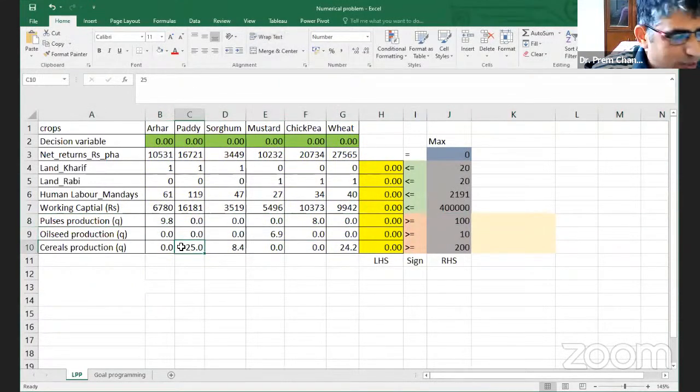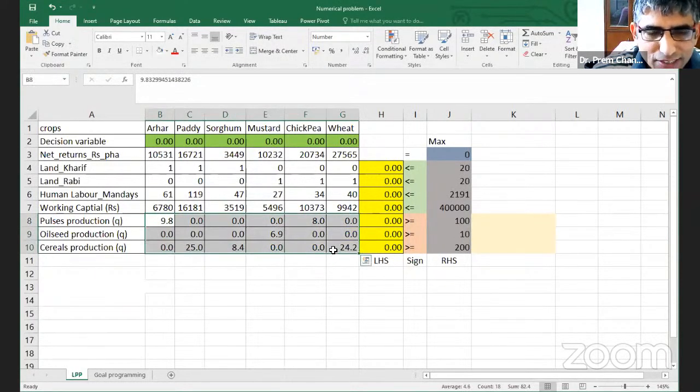Paddy, a cereal, 25 quintal per hectare. Sorghum 8.4, cereal. Then mustard, an oilseed, 6.9 quintal per hectare. Chickpea 8 quintal per hectare, and wheat 24.2. I have just put these in the form of coefficients.